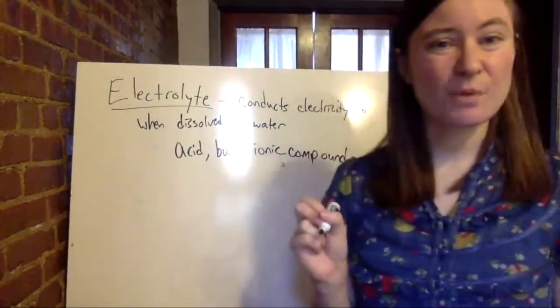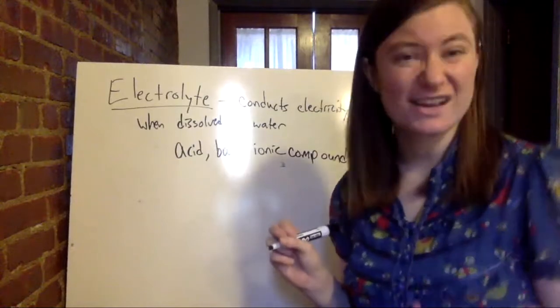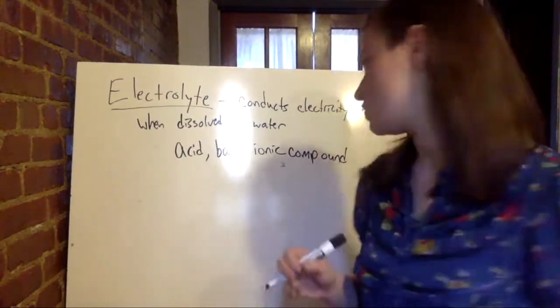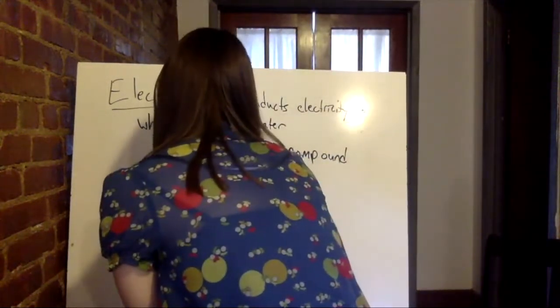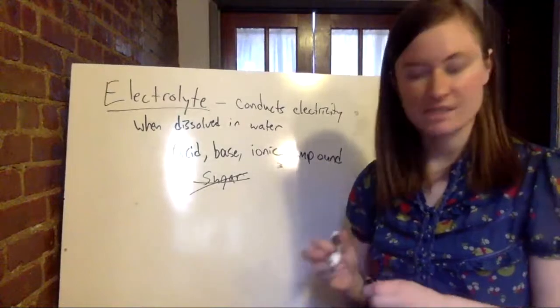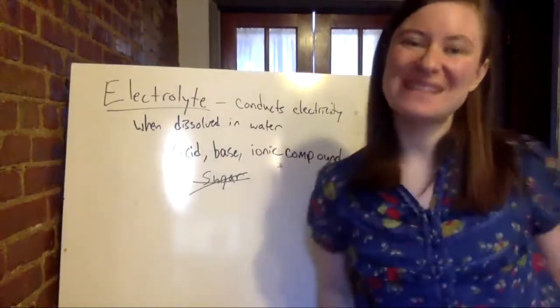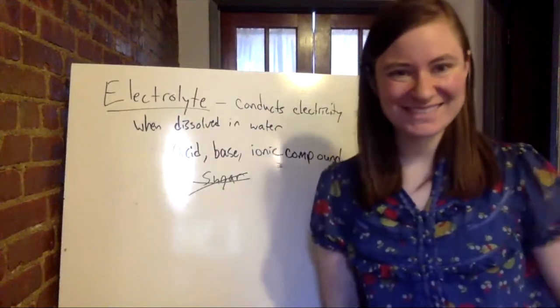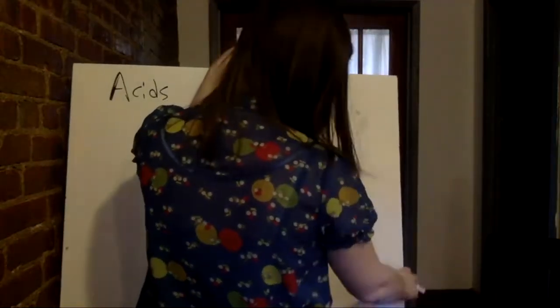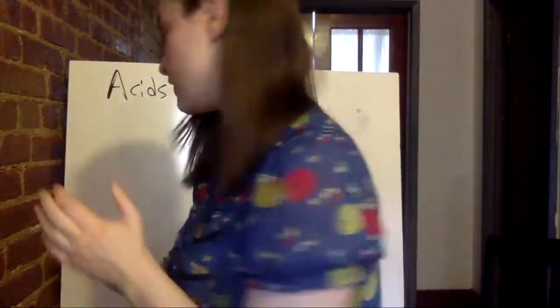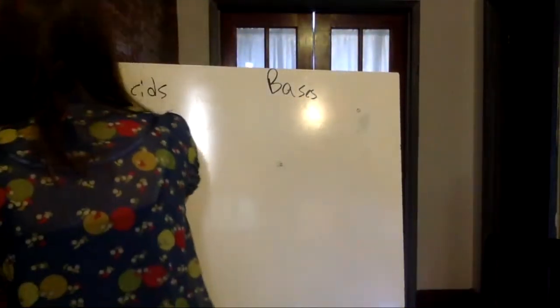But for example, sugar and most other covalent compounds, other than the ones that are acids, would not be an electrolyte, because sugar does not conduct electricity when it's dissolved into water. So now you know what that word means when you see it in Gatorade commercials. Okay, so we saw that acids lose H plus when they're dissolved in water, and because of that, they conduct electricity.